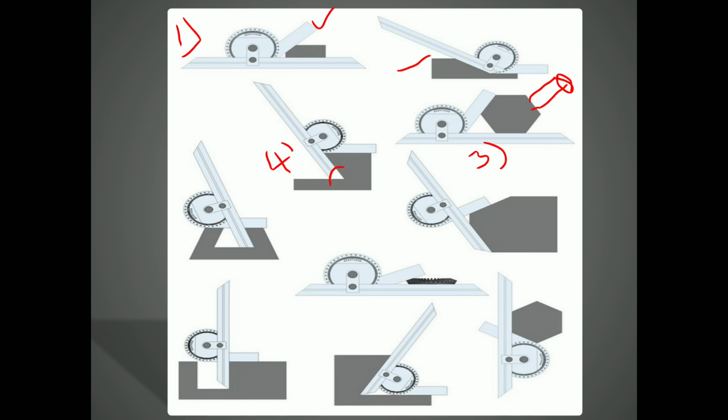This is the fourth application. This is the dovetail slot. Here you can see how exactly we have to measure the angle. This is the fifth example. Here also you can see how to measure the angle between this face and this face.